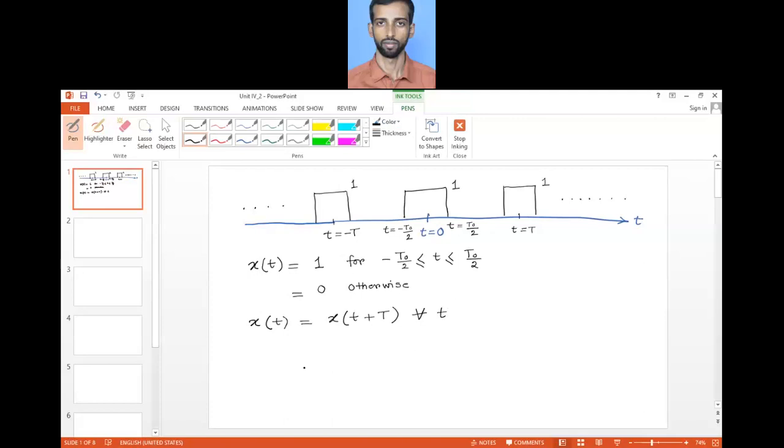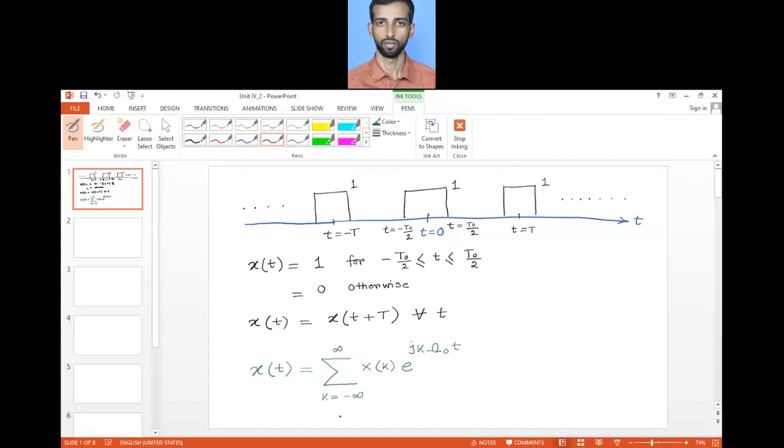So we know the formula for calculating the Fourier series. Actually, the formula goes something like that: x of t, since it's a continuous time signal, we can write x of t equals summation going from k equal to minus to plus infinity x of k, then we have e to the power j k omega naught t.